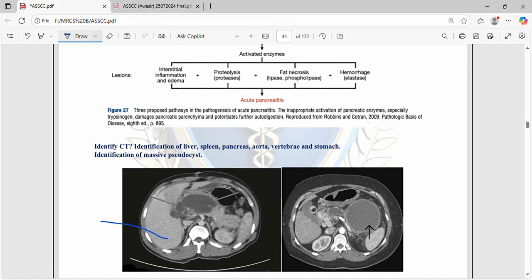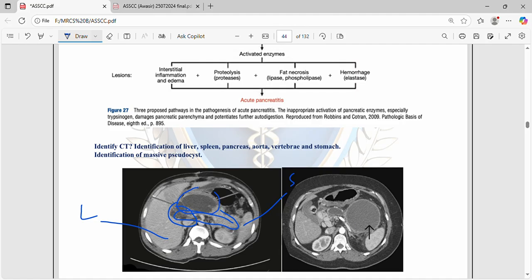This is your liver, okay. This is spleen, beautiful spleen, and here you can see this is your pancreas, and here this area is changed, like the shadow is changed, hypodense, and this is showing acute pancreatitis or inflammatory process.